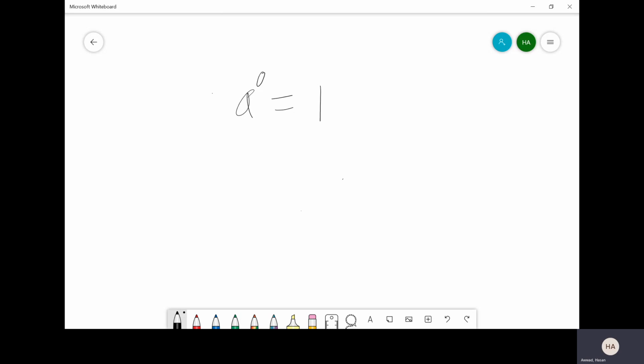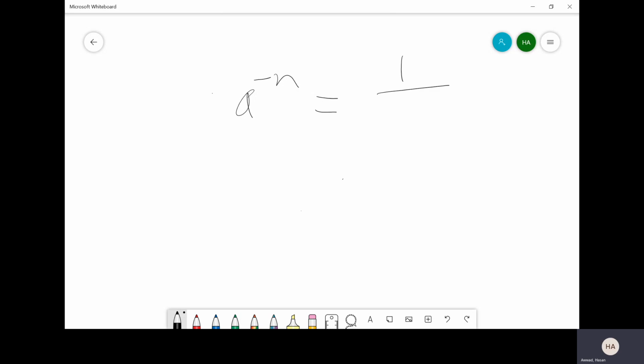Okay? The next property that we have is going to be any number to a negative exponent. What we do here, and this was on your prelim exam, I believe there was a 5 to the -2. So we'll use that as an example shortly. This essentially implies that you are going to have a fraction.